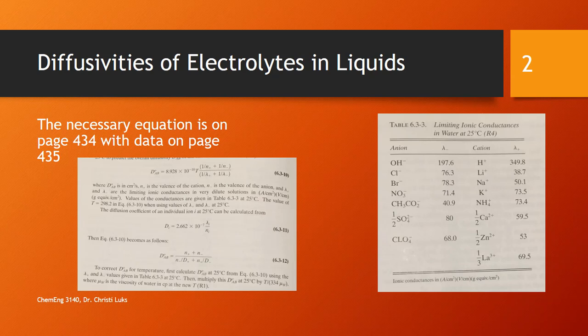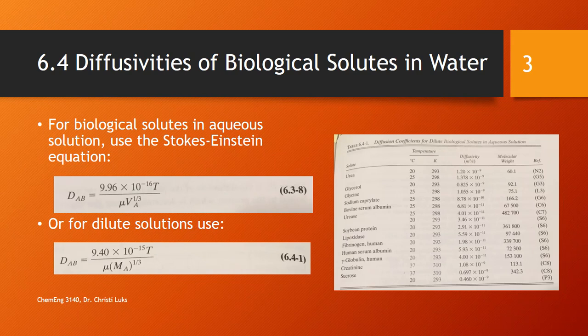What if you were looking at biological solutes? Well, again, you need to find the equations that are appropriate for that. And in this case, there are two that are recommended. In general, we use the Stokes-Einstein equation, which is 9.96 times 10 to the minus 16th times the temperature divided by the viscosity of, generally it's water, these are usually aqueous solutions, divided by the volume of the solute to the 1/3 power.